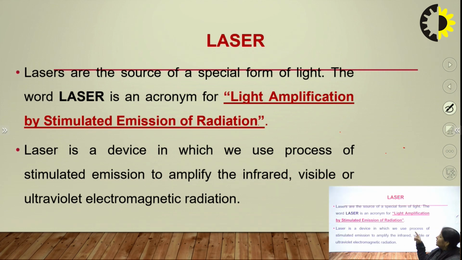In that way we have the amplified beam, and that we consider as our laser beam. This beam can fall in the infrared part of the radiation, the visible part, or the ultraviolet part, depending on what material, what sources we are using for the laser.